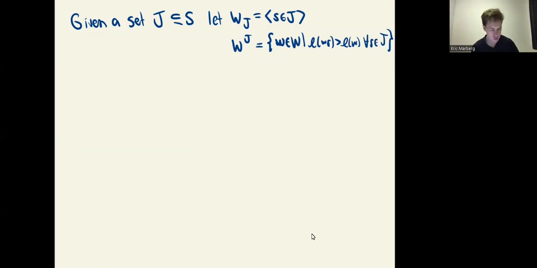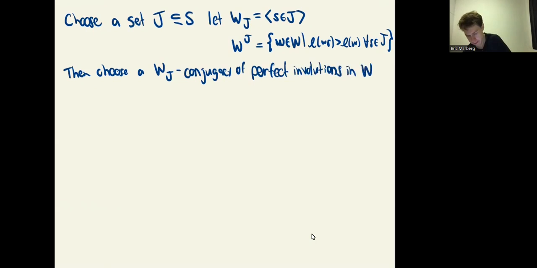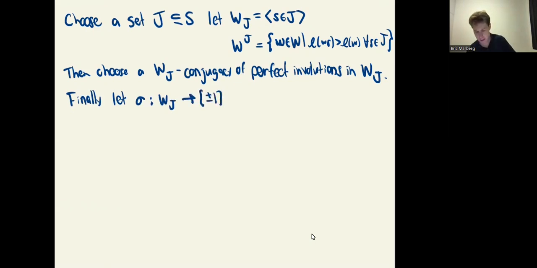In addition, say we choose a set J, then choose a W_J conjugacy class K of perfect involutions in W_J, and then finally let sigma be any homomorphism.